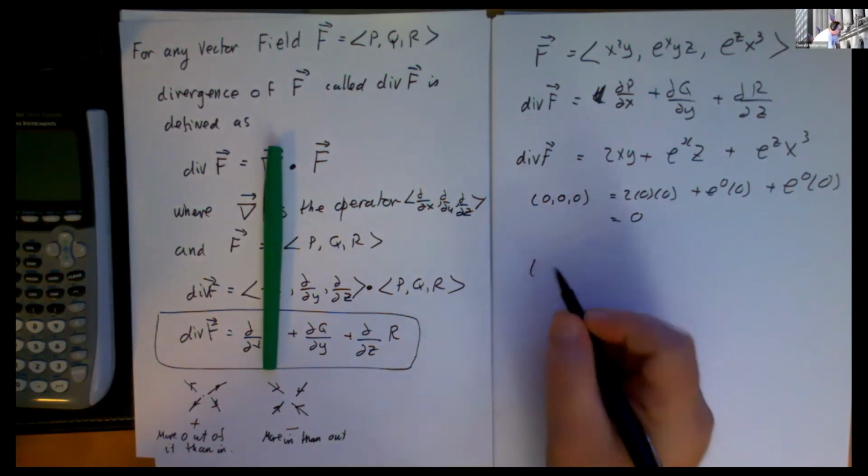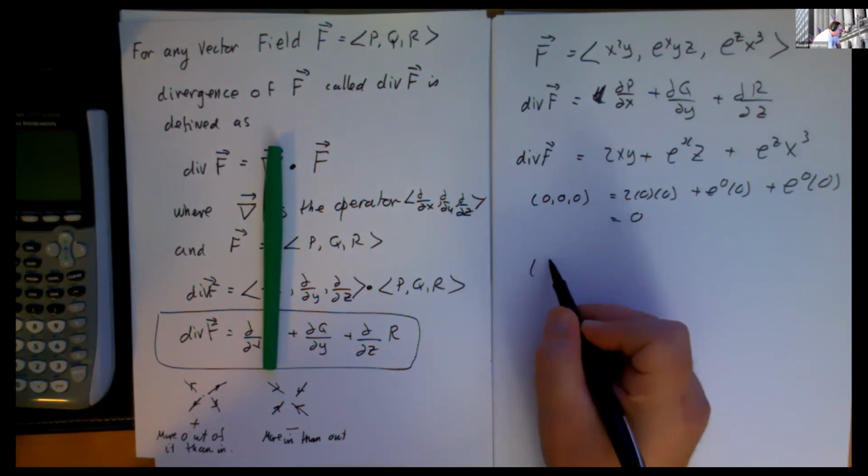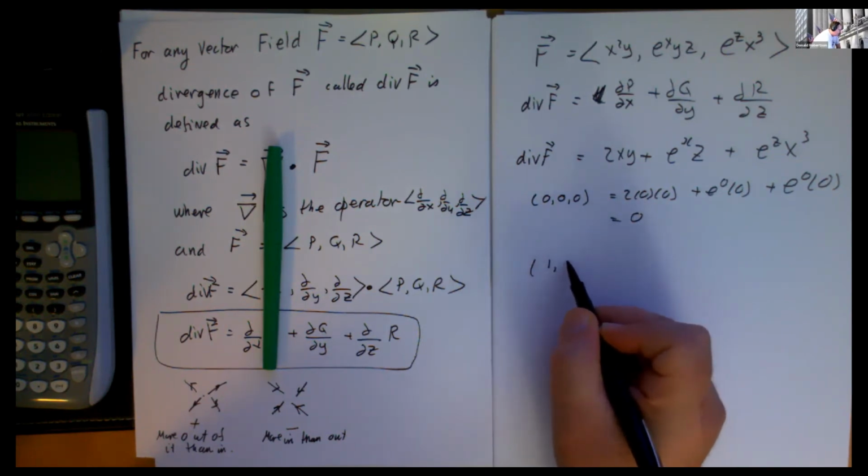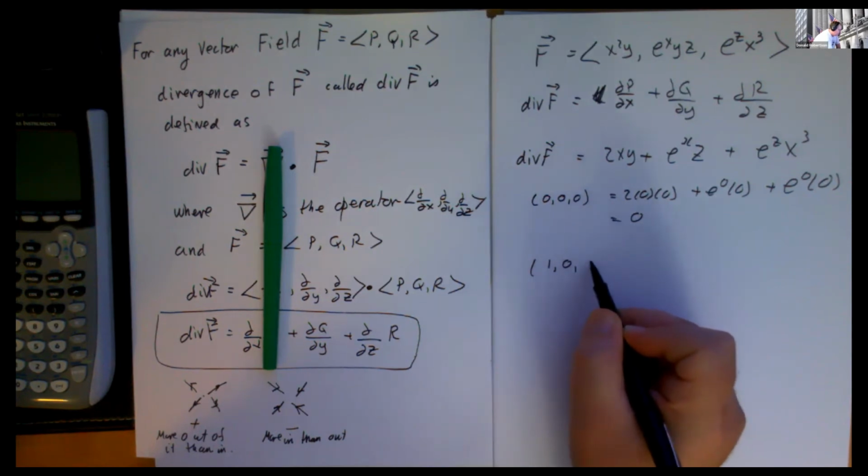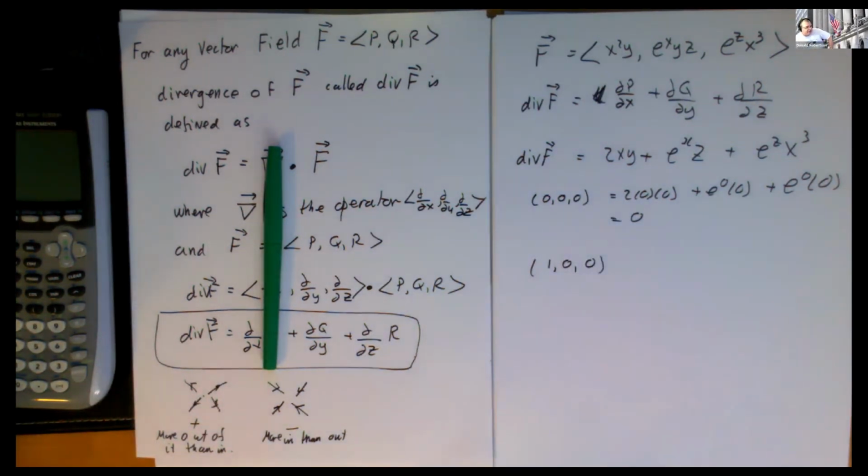How about this guy? I'm trying to do 1, 0, 0. So let's look at the position 1, 0, 0, see what's going on.